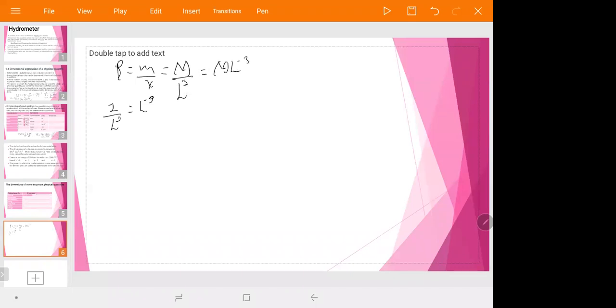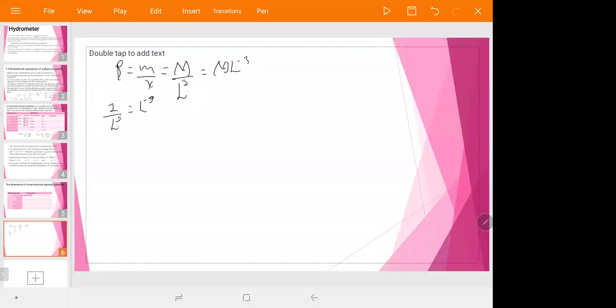For example, to cancel the denominator of length cube, you must multiply by the reciprocal, length cube over length cube.